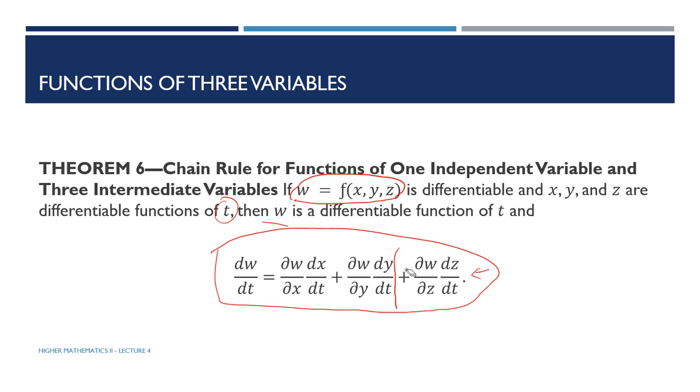This part is new, but these 2 parts are the previous ones, from the chain rule for functions of 1 independent variable and 2 intermediate variables. If we have 3 intermediate variables, we just have to add this 3rd intermediate variable's derivative. And we calculate this sum together, and we'll get the answer.